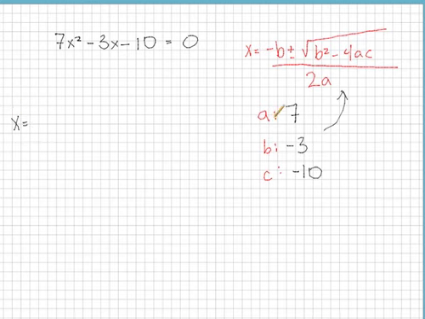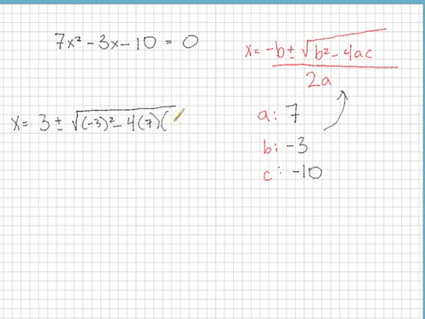So x is equal to negative b, which would be 3, plus or minus the square root of b squared minus 4 times a times c, all over 2 times a.